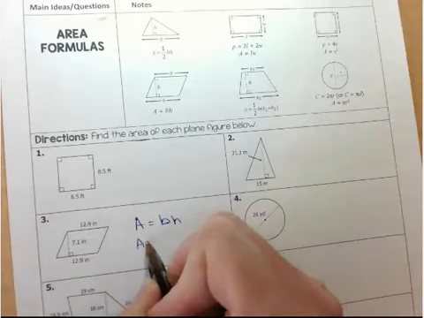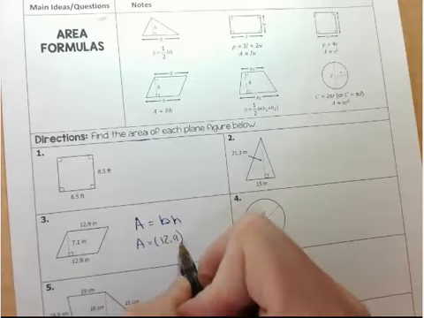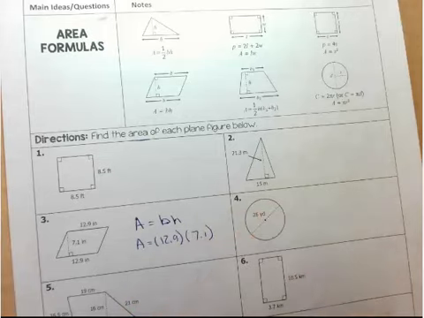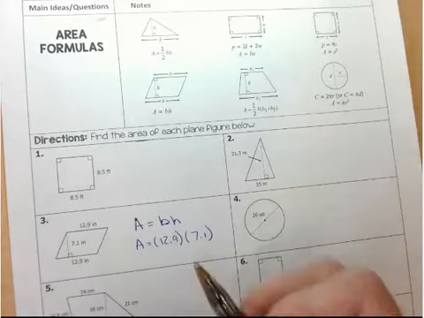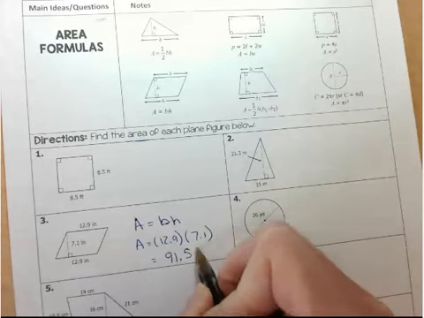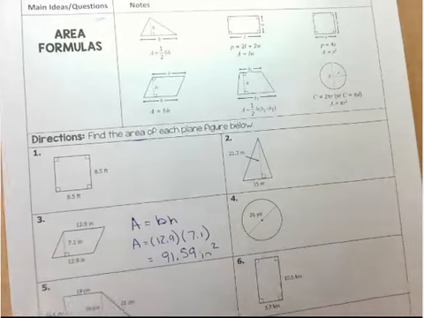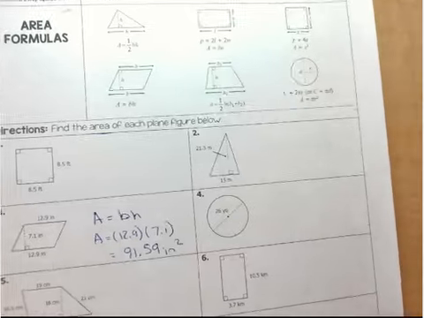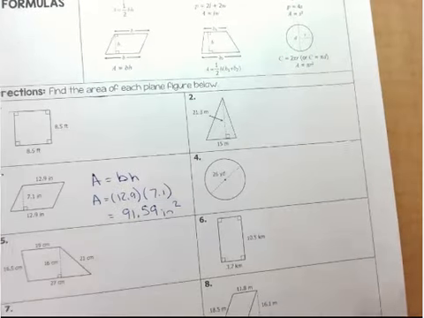So A is equal to 12.9 times 7.1. Calculate that, and it ends up being 91.59 inches squared.